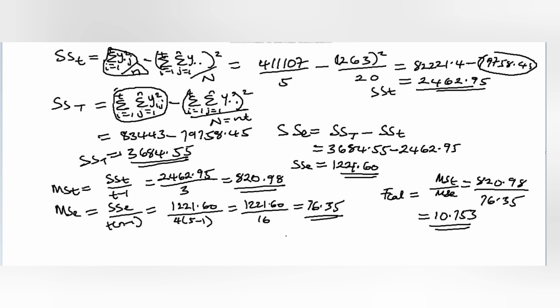So let's look at our ANOVA table now. We're going to look at our ANOVA table and compare our answer to the given value of F on the table. Alright, let's look at our ANOVA table for completely randomized design. So here we are going to have our source of variation.